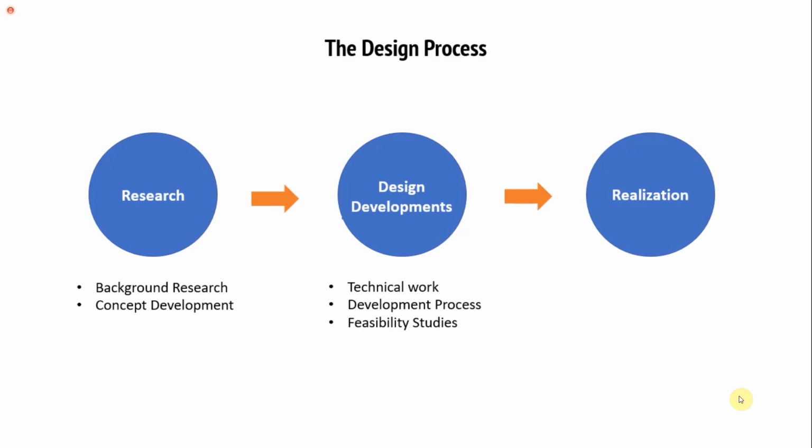This part includes all the technical work, the techniques that you are going to use, how you are going to connect stuff, how you are going to do it practically, all the issues you get through the process, what the bottlenecks are, what problems you need to solve. All the technical stuff is included in this design development process.